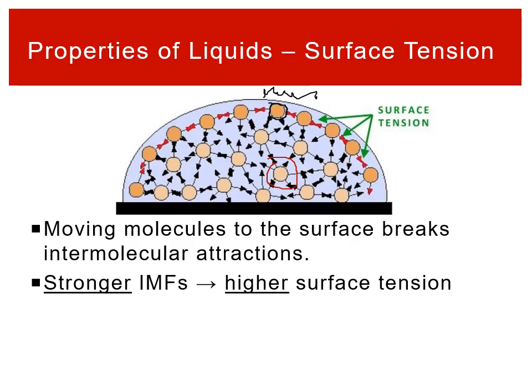So to increase the surface, you have to take one of these molecules from the bulk, where it's surrounded by partners, and move it to the surface where it has fewer partners. The stronger the intermolecular forces on these molecules, the more resistant they are going to be to moving out to the surface. They don't want to move to the surface.